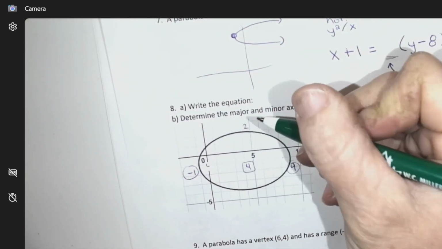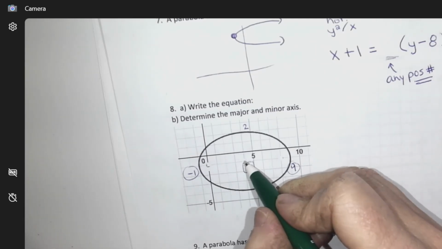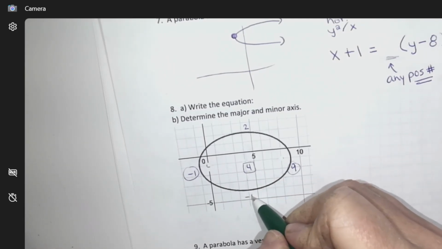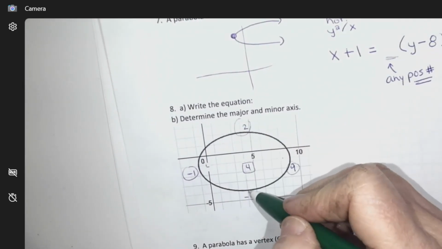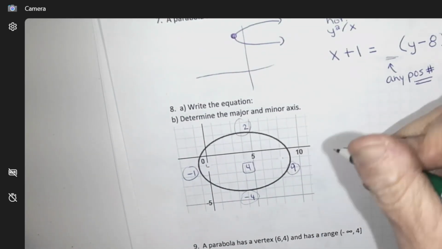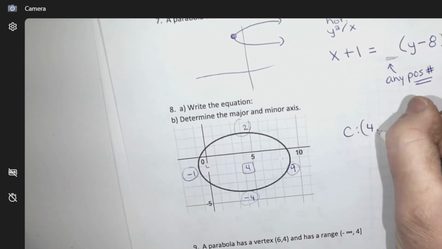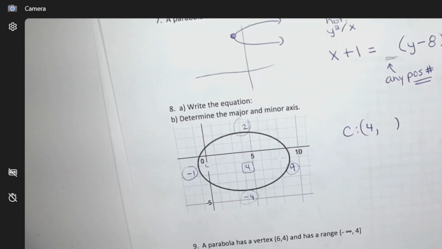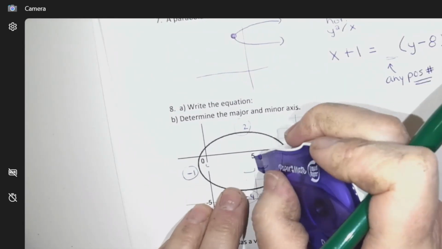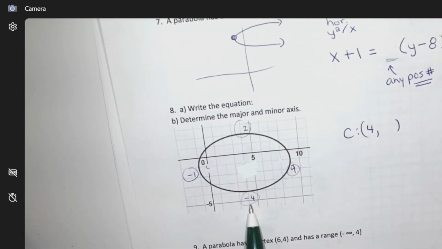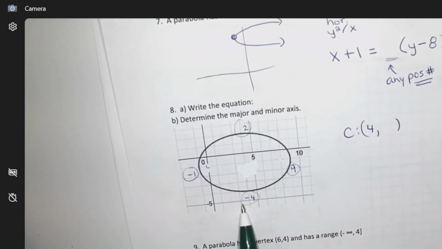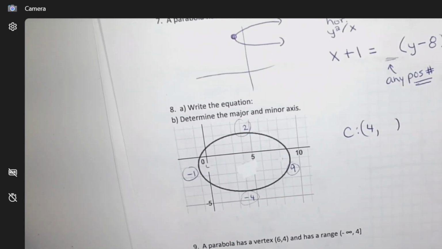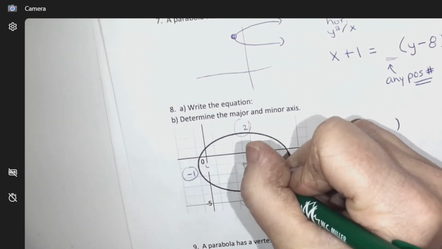The height of this top is 2. And then what's in the middle of that? There's a -4 and a 2. What's in the middle of that one? -1?